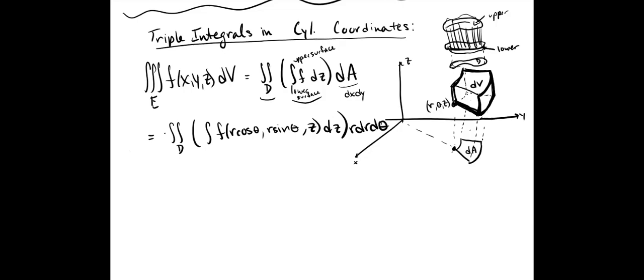We just rewrite everything in the inner integral in cylindrical and rewrite the differential dA in polar.